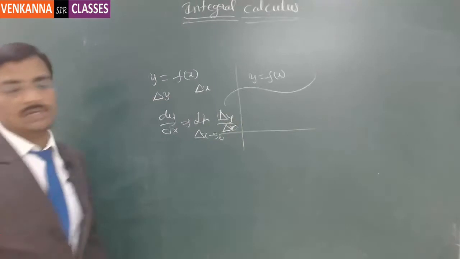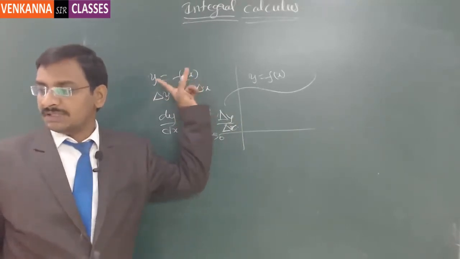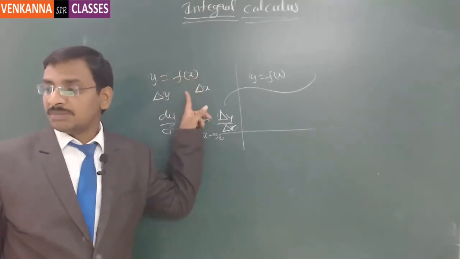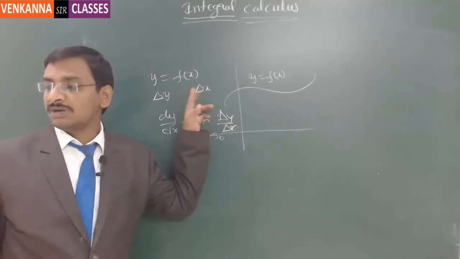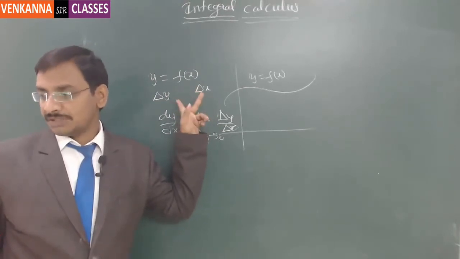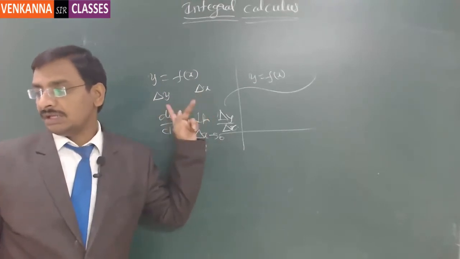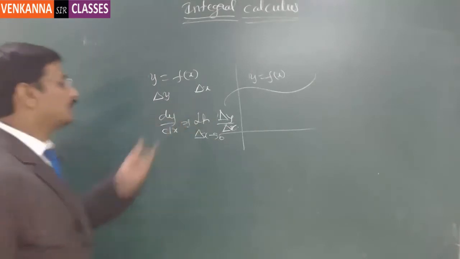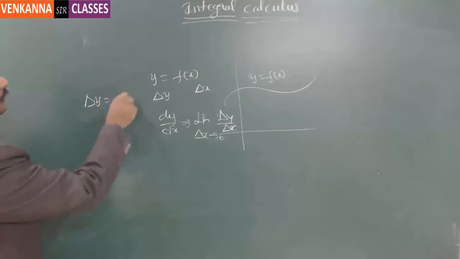So this is how we found the relation between the two variables. Here, this is the relation between x and y, but this is the relation between delta x and delta y. So it will give only the relation between the changes, not the function. If you plot this change, this will be the dy by dx graph. So that's why this can be written as delta y is equal to g of delta x.